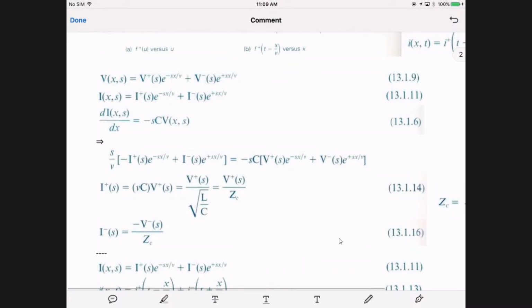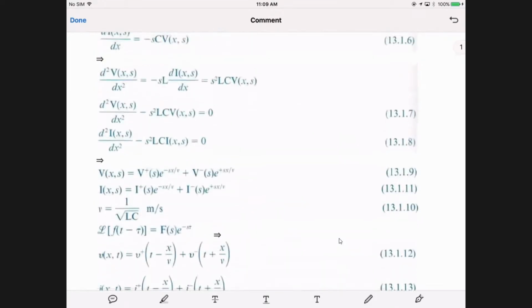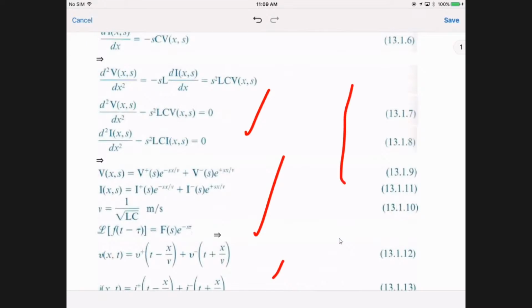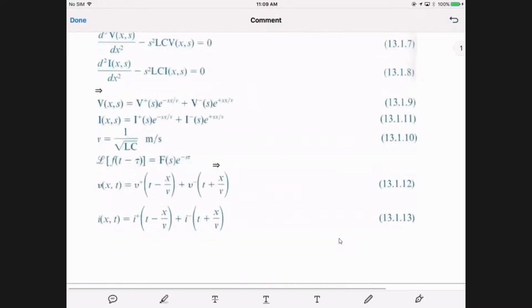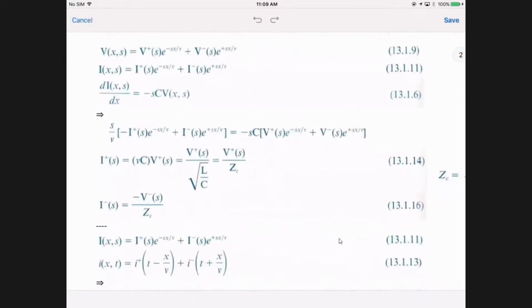First, you go through this. We agree with this, and then we agree with this, and we give it the name called characteristic impedance.